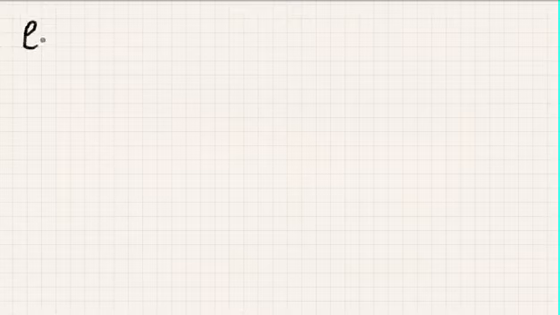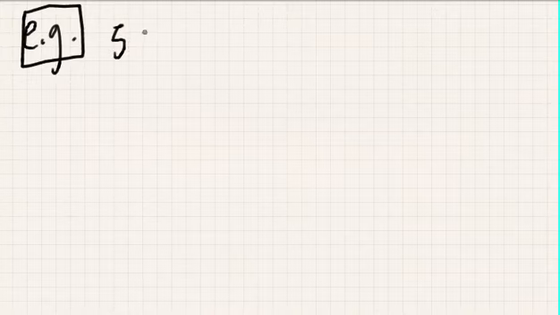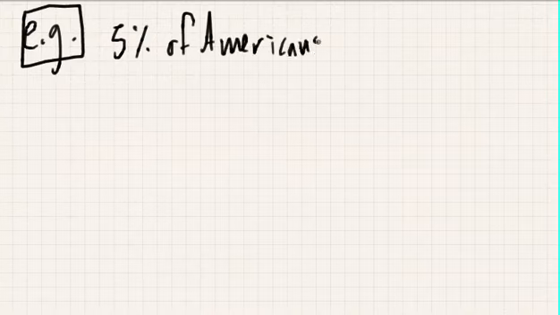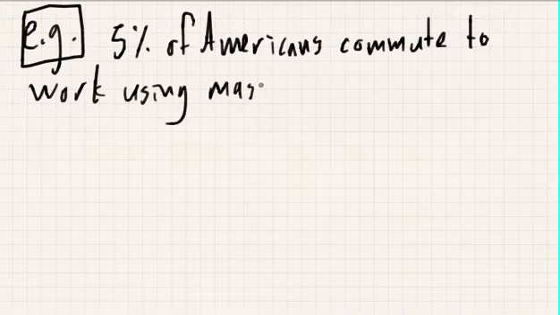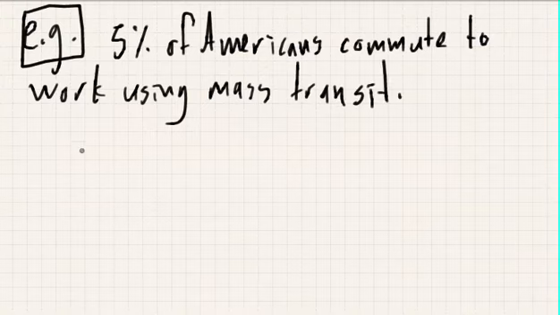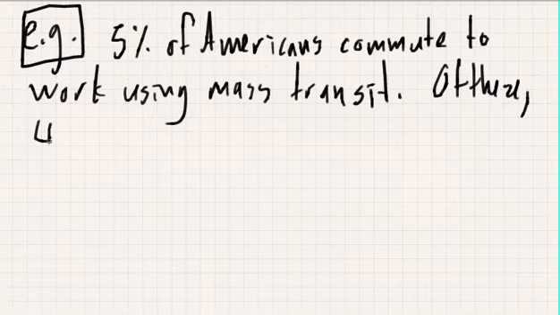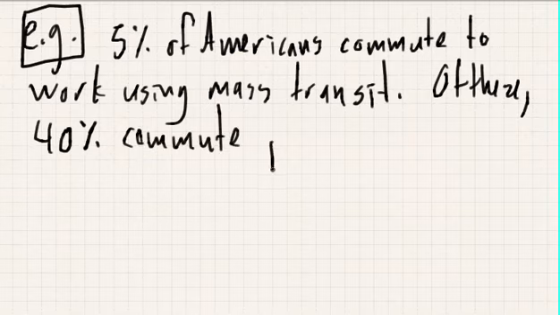Anyways, let's look at some examples of this. Here is a simple example. 5% of Americans commute to work, and here I mean American workers, using mass transit. Trains, buses, whatever. And of these, 40% commute primarily by train.